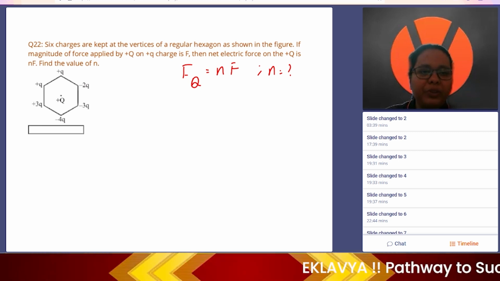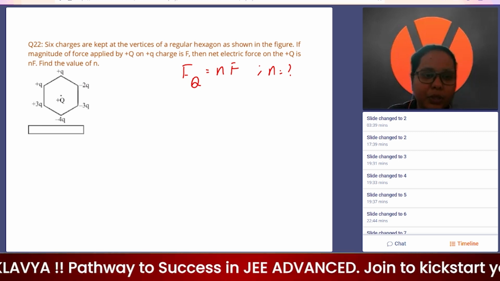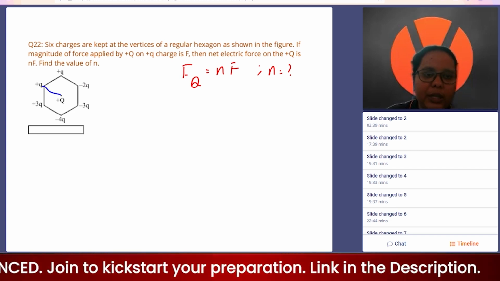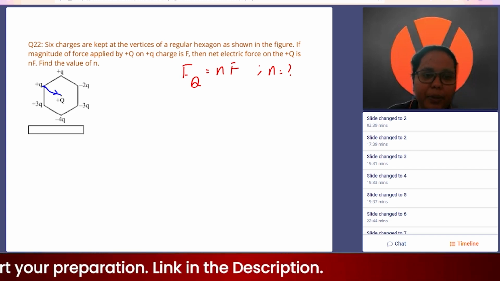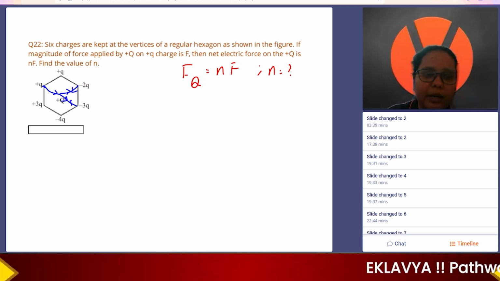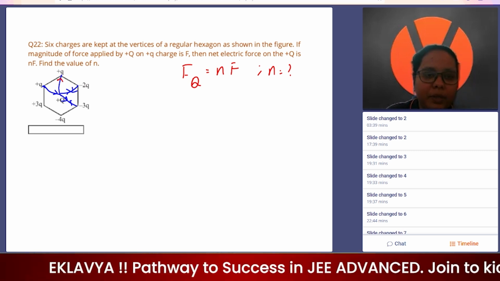You need to make a note of the direction also, whether it is an attractive force or a repulsive force. So if this is F, these both are repulsive forces. And here this is going to be the attractive force, and this is again attractive force, and this is going to be the repulsive force.